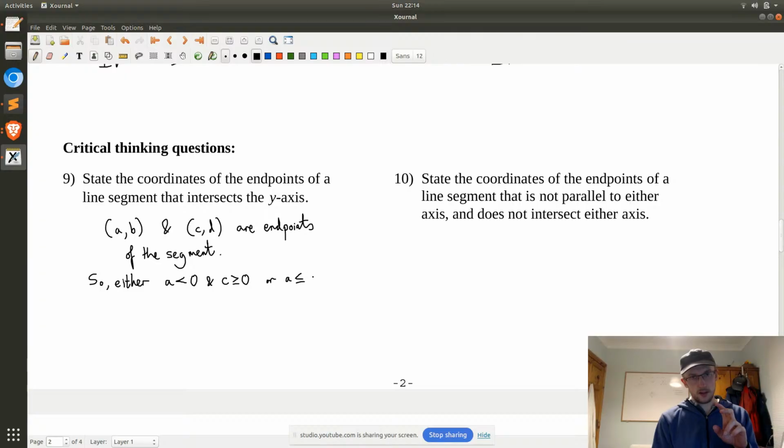Less than or equal to 0. And C is greater than 0. Or, quite simply, the other way around.